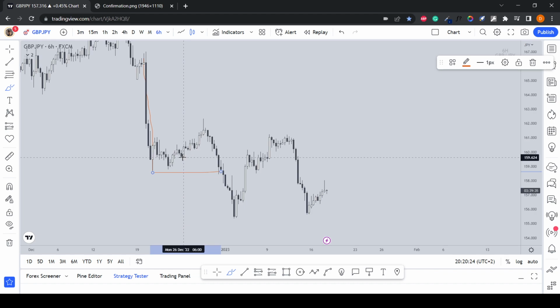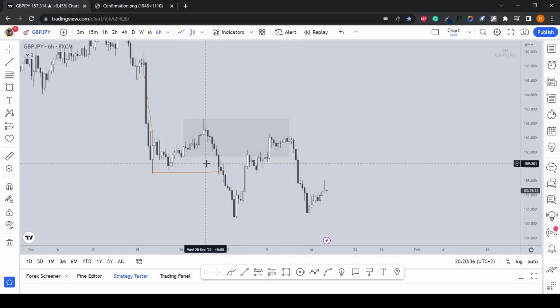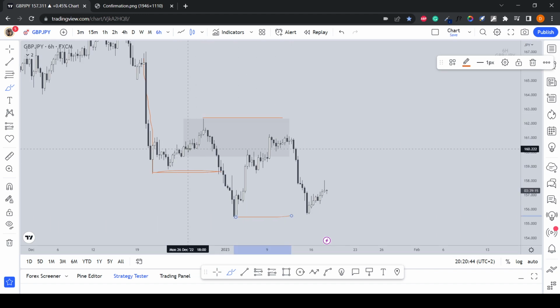In this case, we will need to use refinement to find real unmitigated price points, but maybe this bigger zone we can refer to, it has some imbalance. So what we have right now is a break of structure, a structural range, and this bigger zone. So this time let's use this bigger zone.